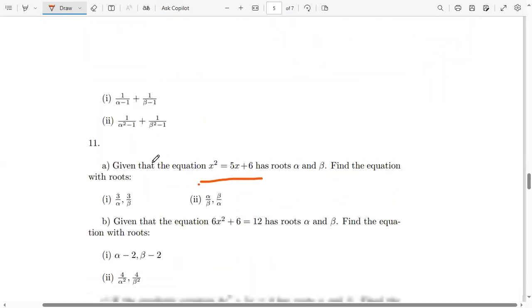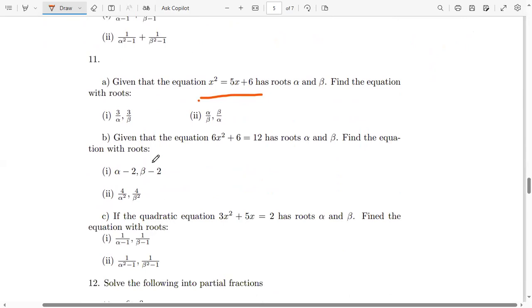Okay, so let's look at question 11. Again, even here we're just going to do A. Here we have been given that the equation x squared is equal to 5x plus 6 has roots alpha and beta. Find the new equation which has those roots. So what are we going to do?